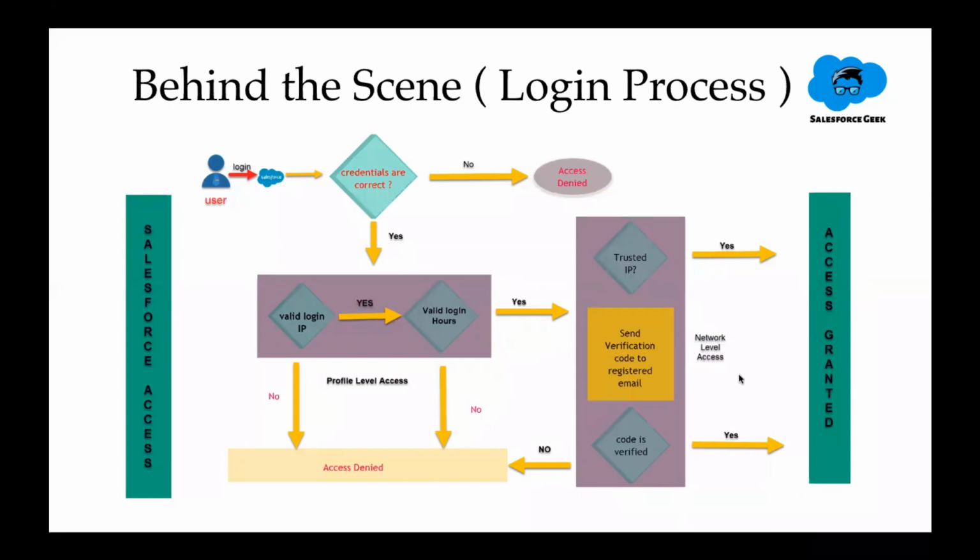That's what it stands for. From the IP where you are trying to log in, just provide that IP range into the network access level. I'll just quickly show you.